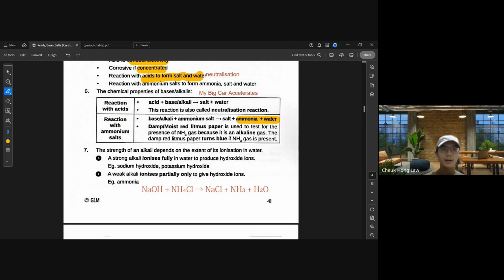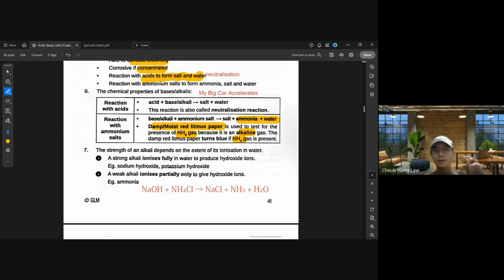Then again, since a gas is formed, there's actually a test to prove that ammonia is formed, to prove that this reaction happened. You put a damp or moist red litmus paper at the test tube, or wherever NH3 gas is present, because it's an alkaline gas. So what will the red litmus paper turn to? It will turn blue if ammonia gas is present.